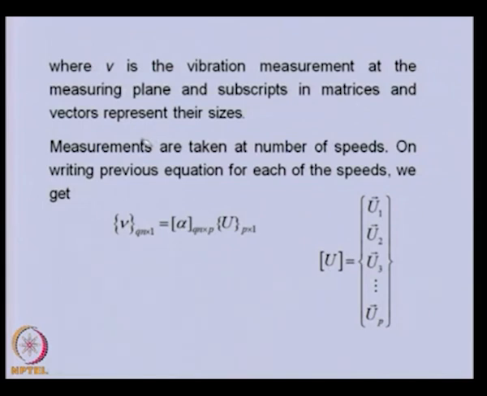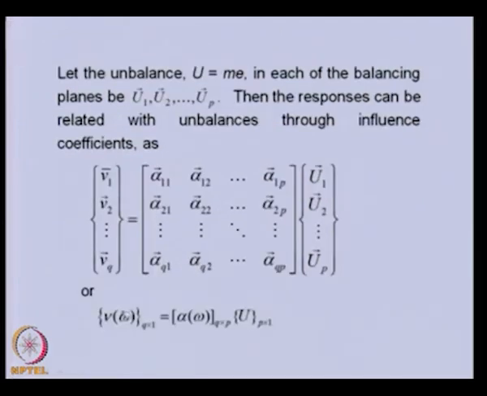So, now we can have the measurement at a number of speeds. We can vary the rotor speed from maybe omega 1 to omega n in the range of speed in which we want to operate the rotor, and we can write the previous equation for that many speeds.